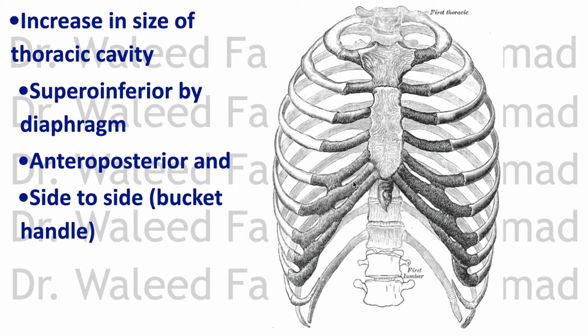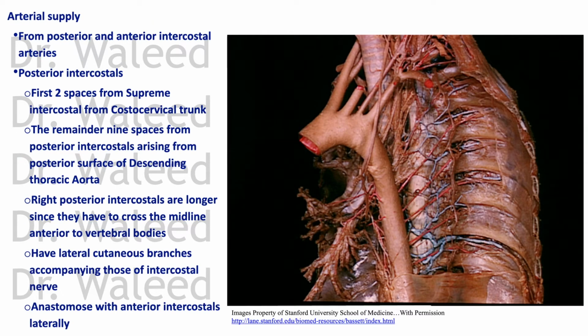This is what happens to the ribs, especially the lower big ribs, the bucket handle theory, and this is responsible for the increase in size side to side. So now you understand how the thoracic cage increases in size in all dimensions, actually: anteroposterior, supero-inferior, and side to side, with the bucket handle theory.